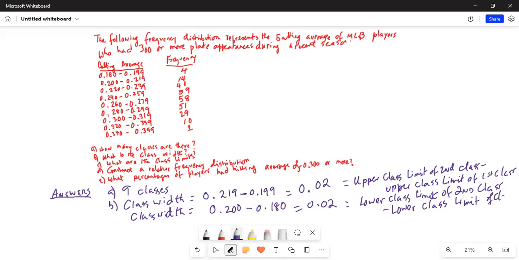Both are the same. Both ways you get the same result, which is 0.02. So that's your class width.